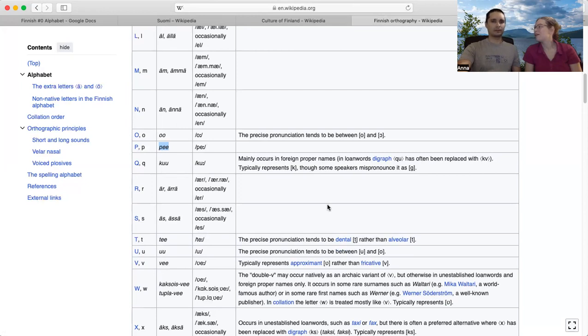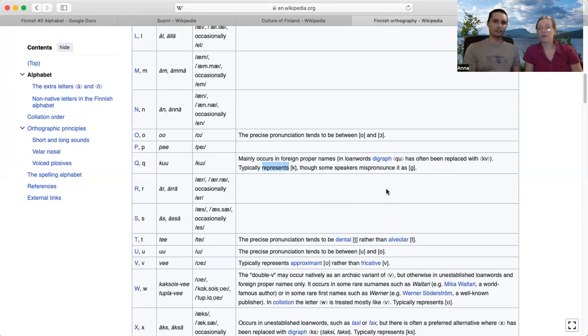GUR. I would say it with G, like G, GUR. But here you can see it typically represents K, but some speakers mispronounce it as G. If I say the letter, I would say GU. Because QR code, I would say GUR.